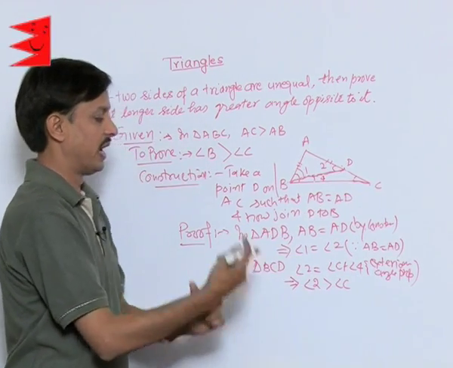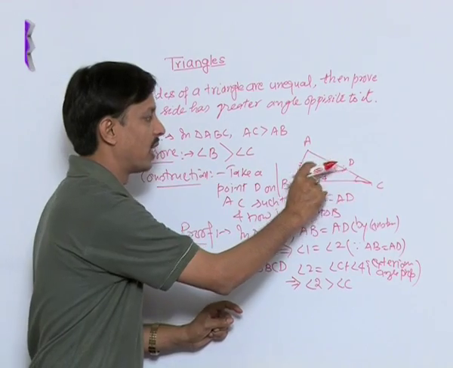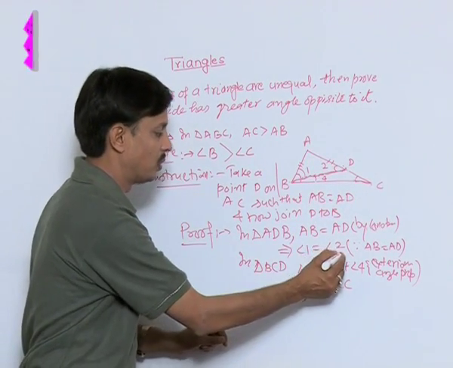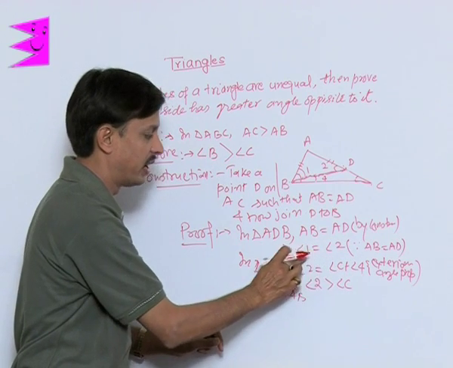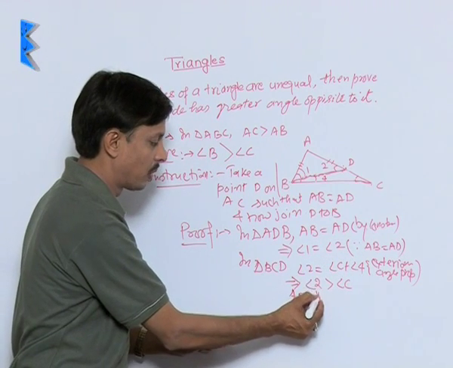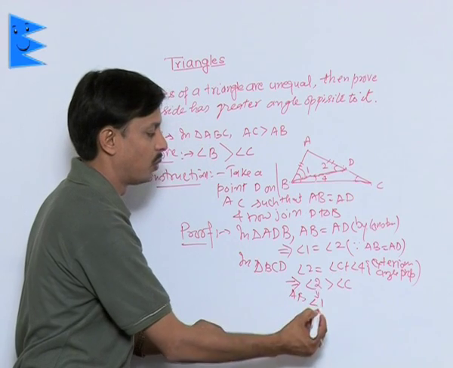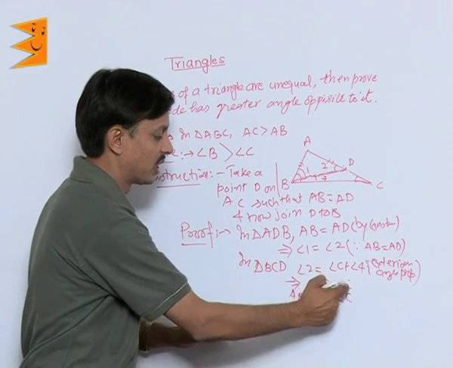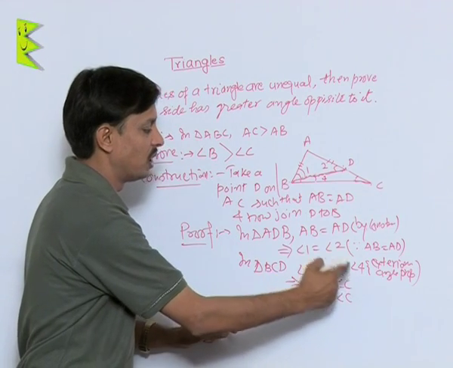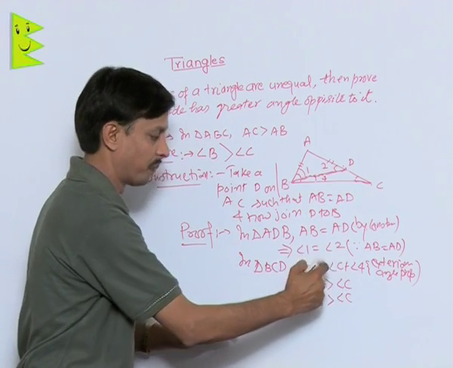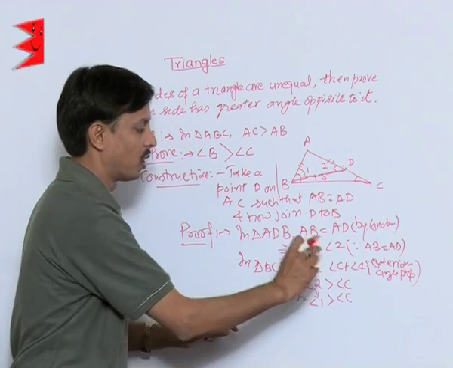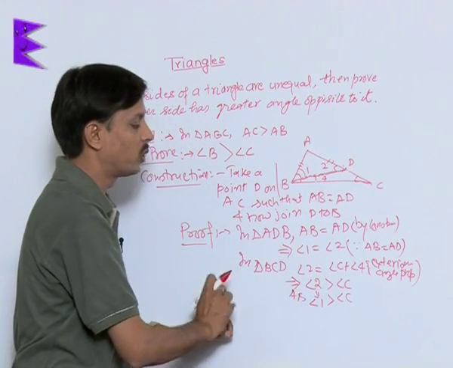But I know that angle 2 and 1 are the same. With the help of this part, I can say 1 and 2 are equal. So in place of angle 2, I can say angle 1 is greater than angle C, as 2 is greater than C. Why is 2 greater than C? Because 2 is the sum of C and 4. So C alone is less than angle 2 because C plus 4 makes the value 2.